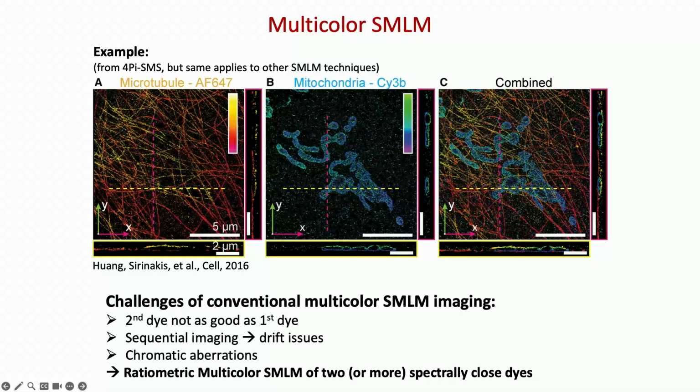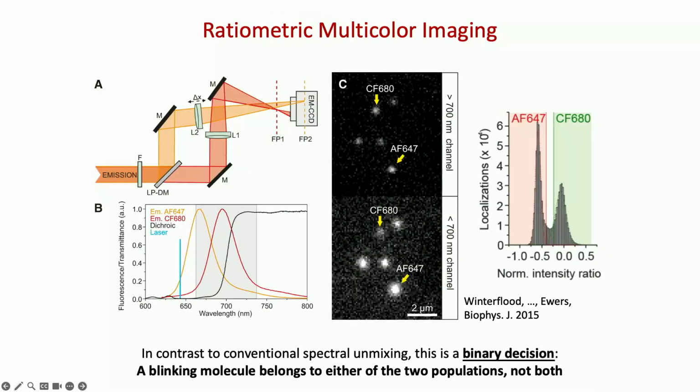The solution is ratiometric multicolor single molecule localization microscopy, and this is what Mauan actually used in the data that I just showed you, and this is quite nicely summarized here by this paper from the Ewers lab.